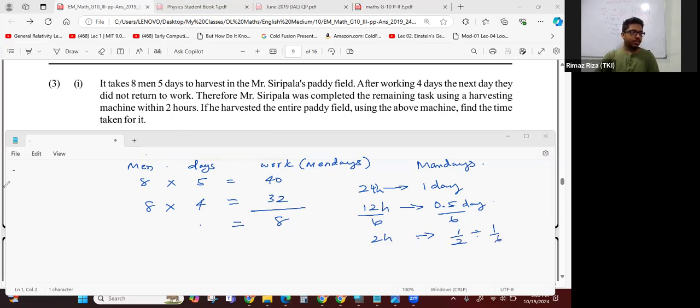So divide by 6. Therefore, you can take the reciprocal, so the division becomes multiplication. So divided by 6, it equals 1 over 2 into 1 over 6, so 1 over 12. So this is actually 1 over 12 days.